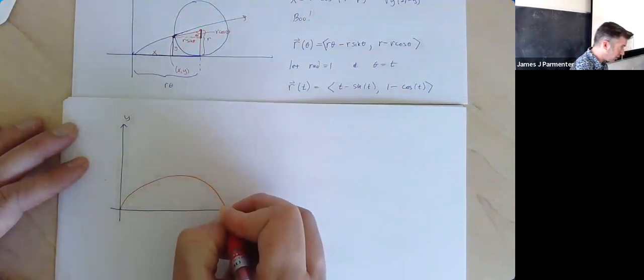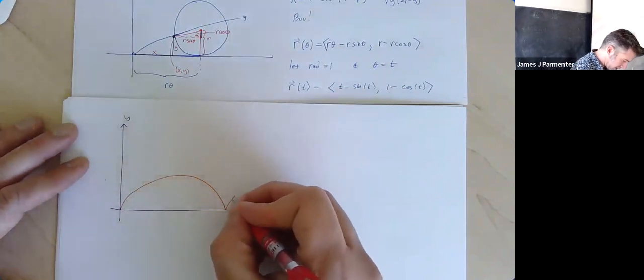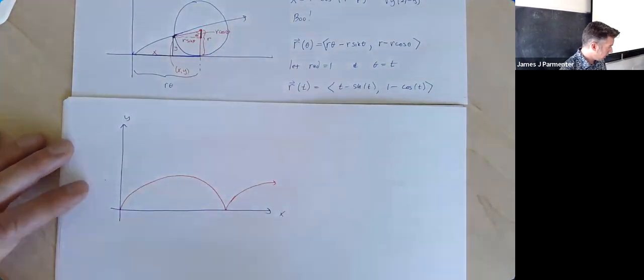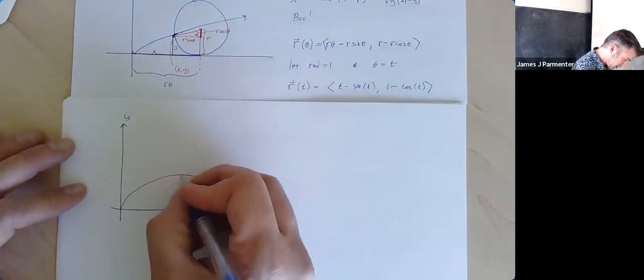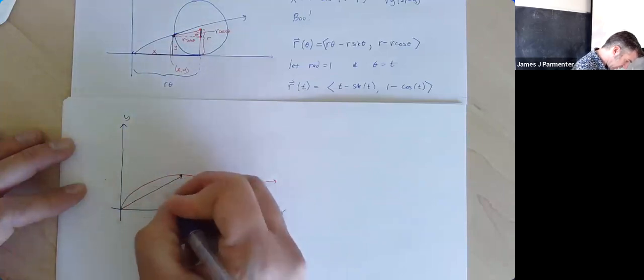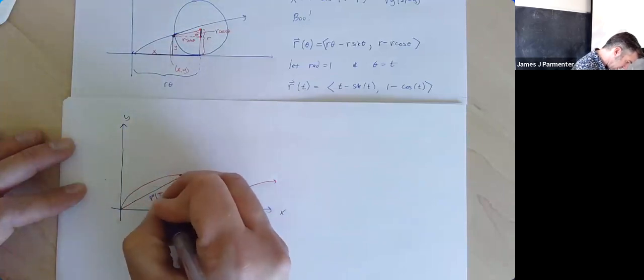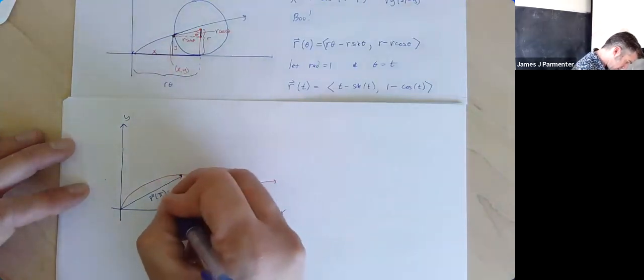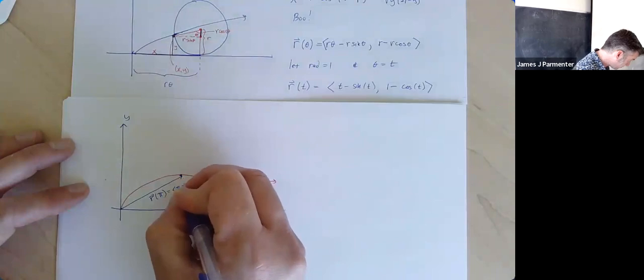And it does have a very sharp corner here, or I should really say a cusp. I can describe any position by the vector, like that position right there is the vector r of pi. I'm getting the point pi comma 2.